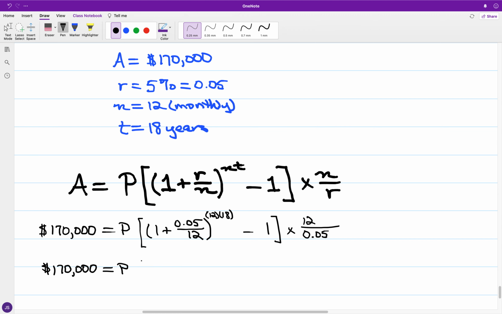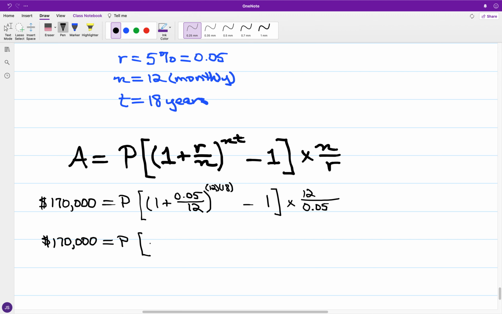Okay, within the brackets, for 0.05 over 12, add it to 1, so you're going to have 1.0041, and then we have repeating sixes to follow. We take this sum and raise it to the 216th power. Again, we have minus 1.